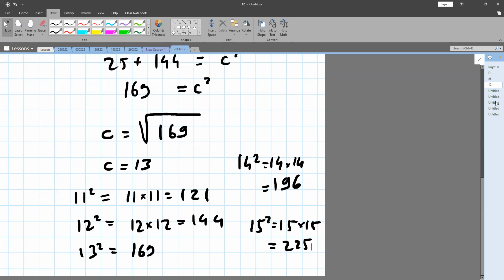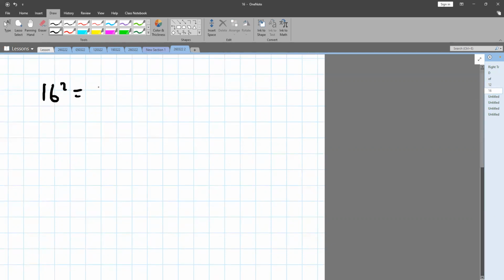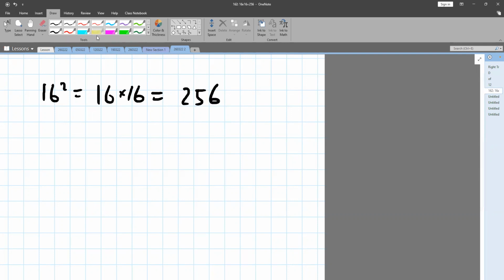Of course, you need to know how to get these numbers. For example, 16 square means 16 times 16. If you calculate this, you will get 256. But my point is, if you already know that 16 square is 256, that will be great.